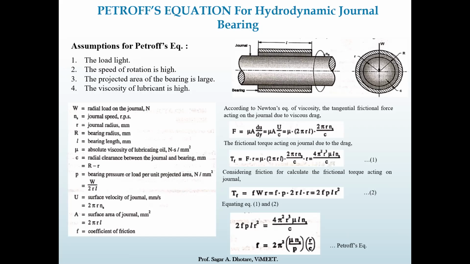So here are a few important equations which we can find with the help of Petroff's equation. According to Newton's equation of viscosity, the tangential force acting on the journal due to the viscous drag is given by F equal to mu into A into du by dy.